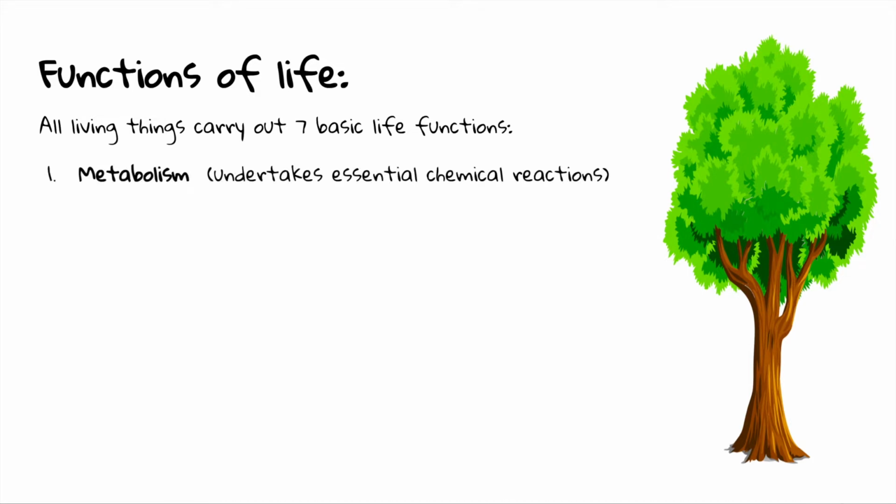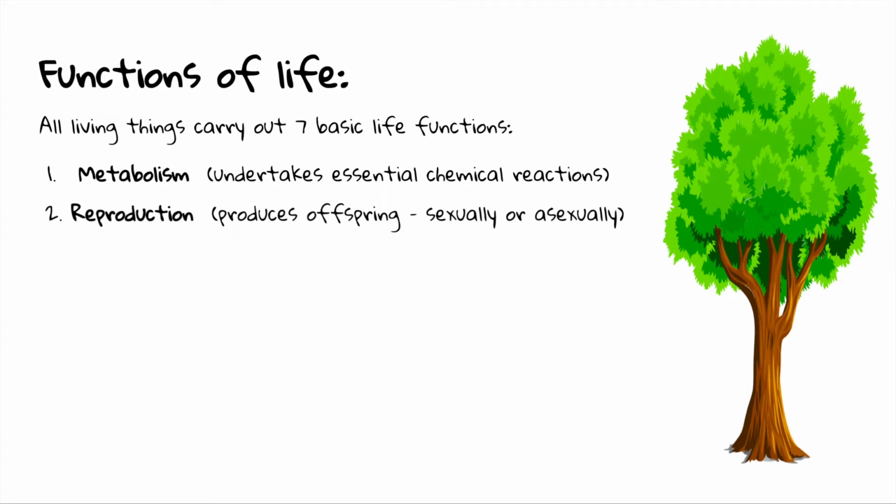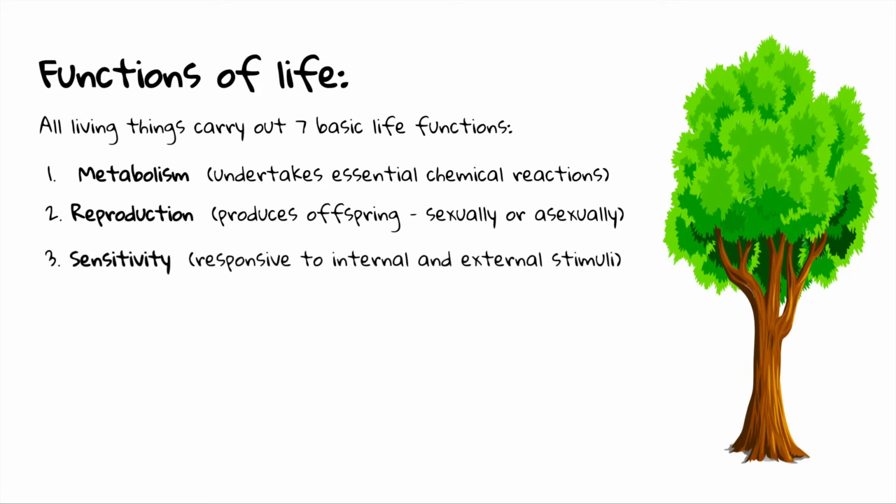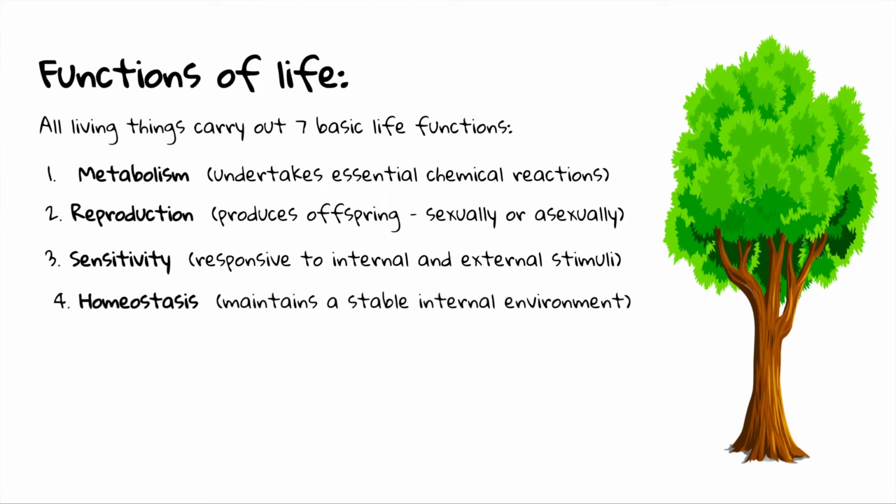First of all, we have metabolism, which involves the chemical reactions inside of the organism. Reproduction, which is the process of producing offspring. It can be sexual or asexual. Sensitivity, which is the response to internal and external stimuli, so changes in the environment.